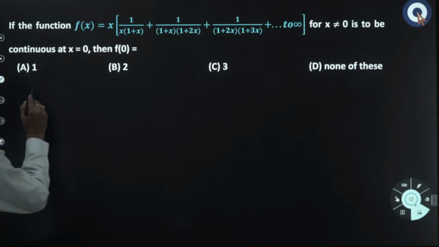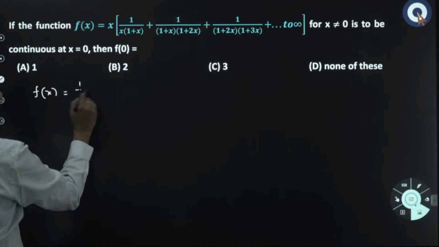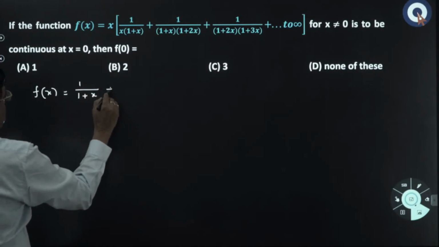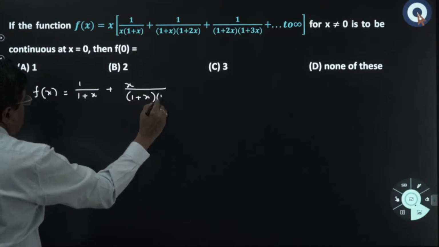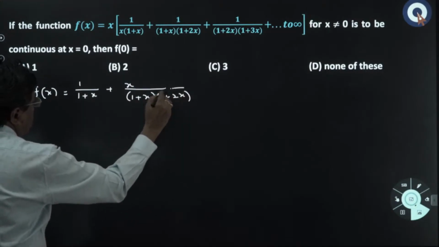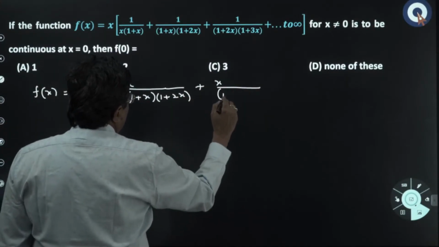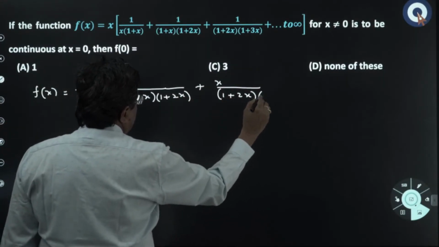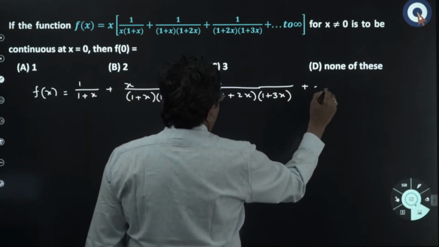Here f(x) is equal to, x is cancelled, so 1 by (1 plus x) plus x by (1 plus x)(1 plus 2x) plus x by (1 plus 2x)(1 plus 3x) plus so on up to infinity.